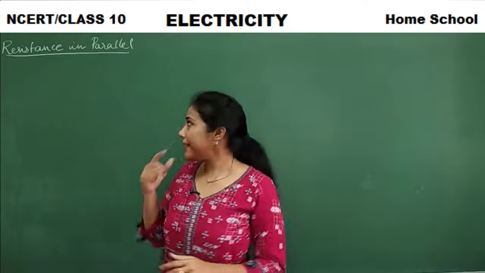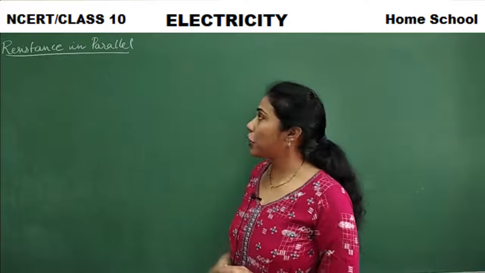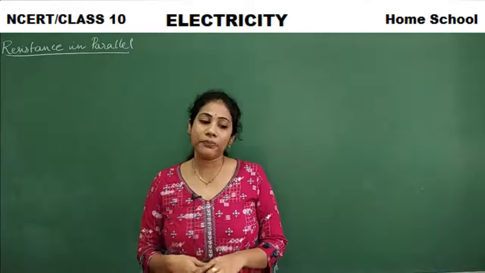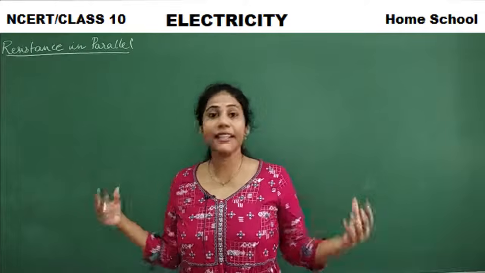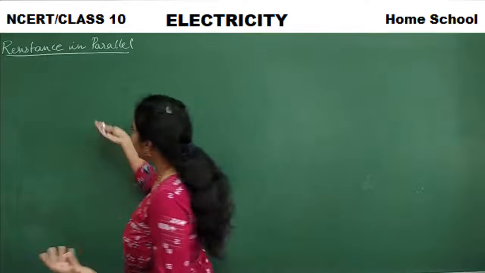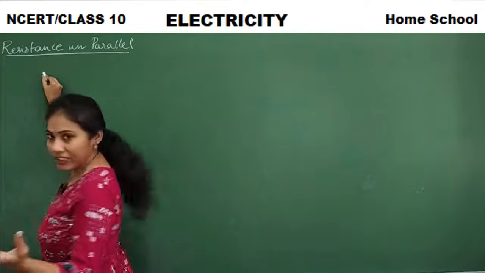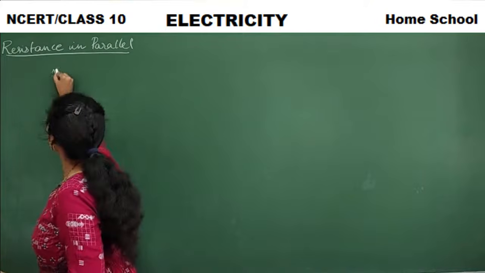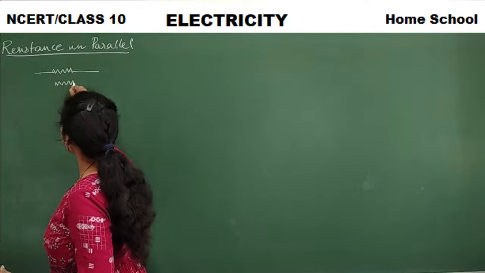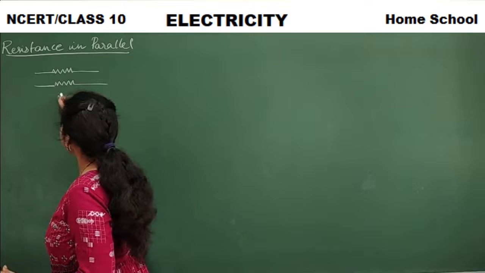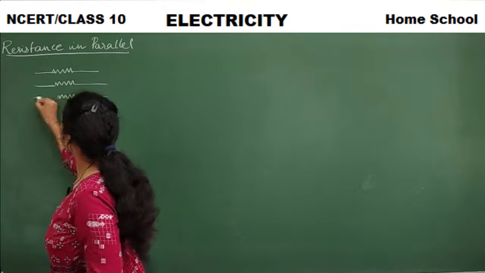Let us start with the topic resistance in parallel. How do you indicate the resistance in parallel in a circuit diagram? See, we all know, imagine I'm taking three resistors here. And this is resistor number 3.